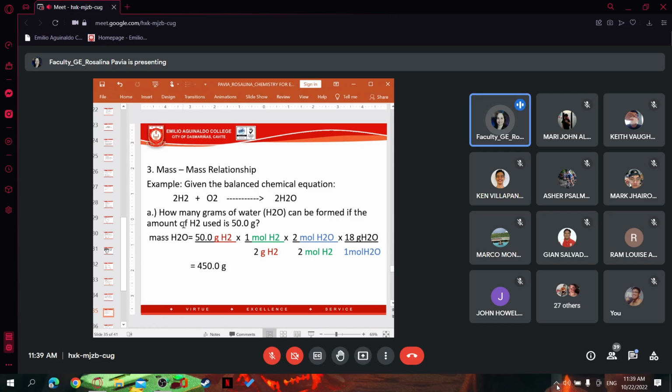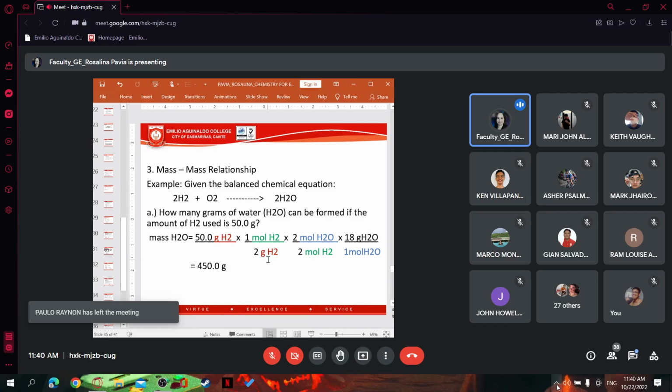So, 50 grams of hydrogen. Right? And we are asked for the amount of water that will be produced. You can solve it using dimensional analysis straight through, but you must know what to cancel out. Okay. So, start with 50 grams H2. How do you remove the unit gram H2?